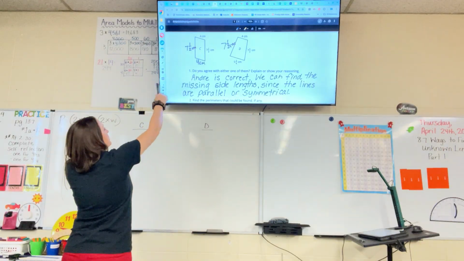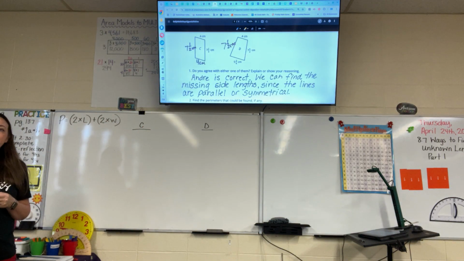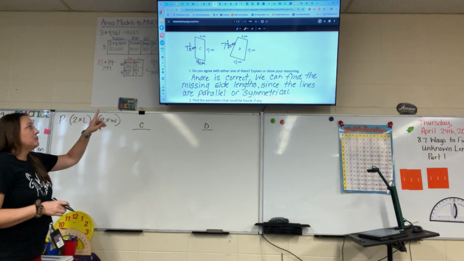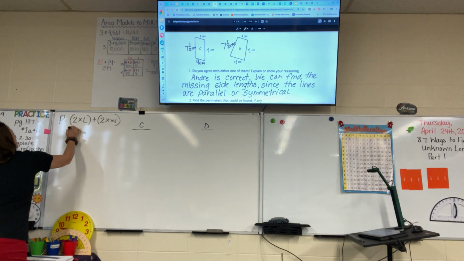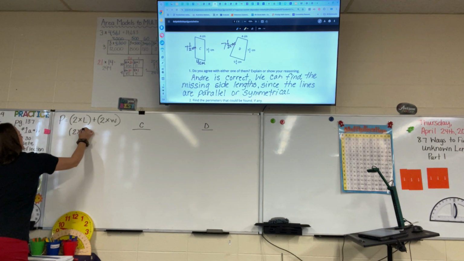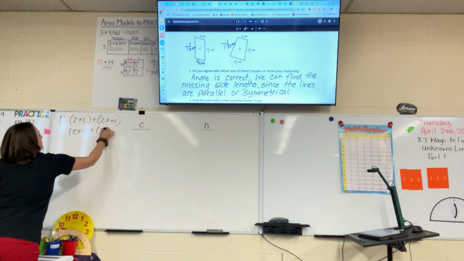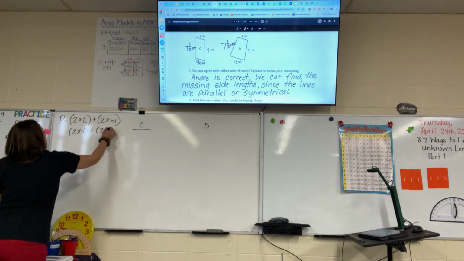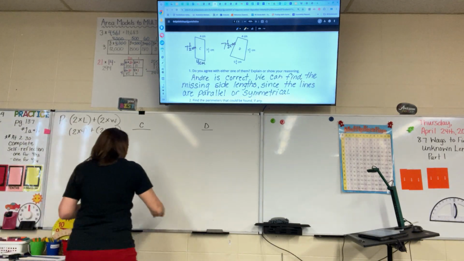What do we want to use for the length for C? Colton? 2 times 4 centimeters. Okay, so you want to use the length as 4? We can do that. So 2 times 4, if we're using the length as 4, and 2 times, what's the width gotta be? 7.5.